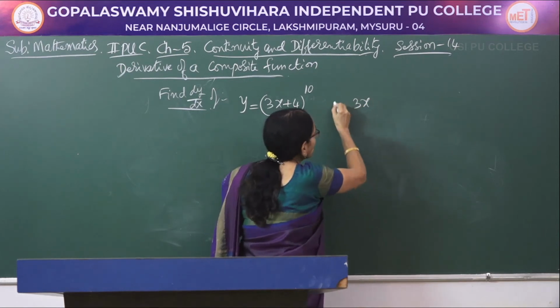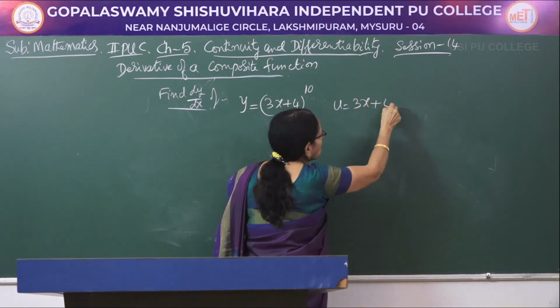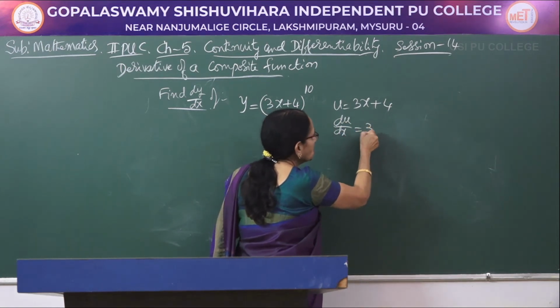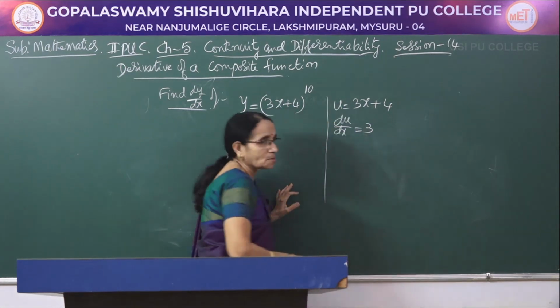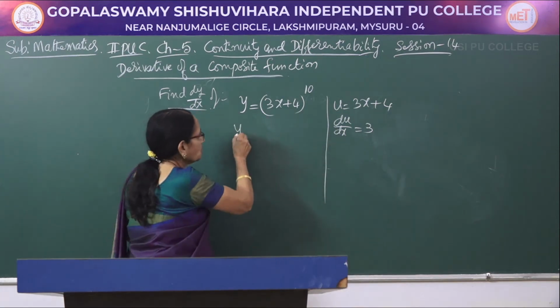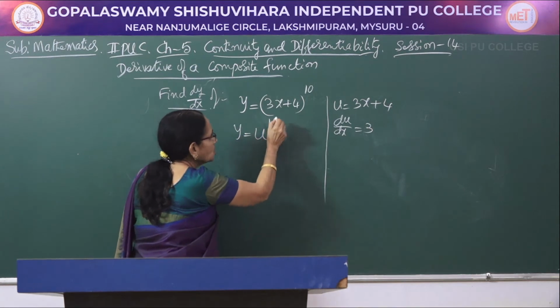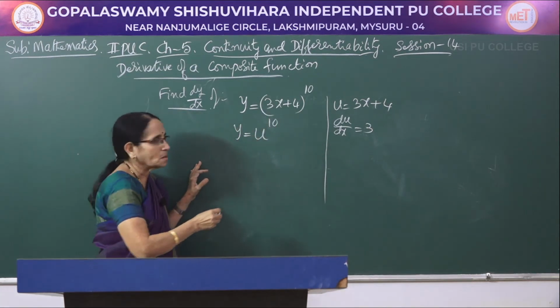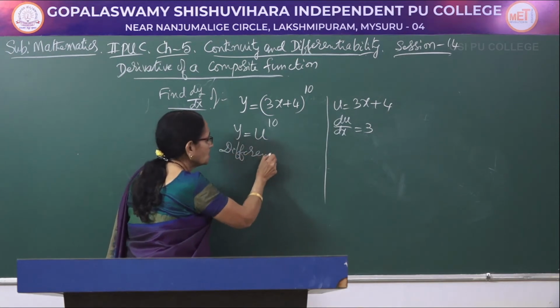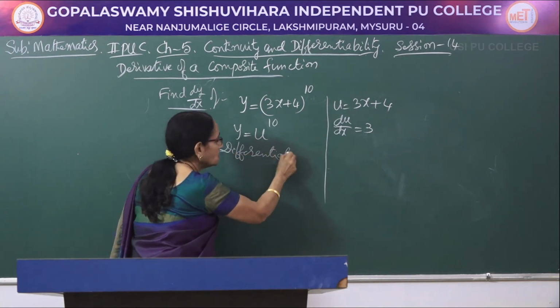Let u be equal to 3x plus 4. Immediately you find out du by dx. It is 3 into 1 plus 0, it is 3. Now, the function has become u to the power 10. Therefore, we are always differentiating with respect to x only.